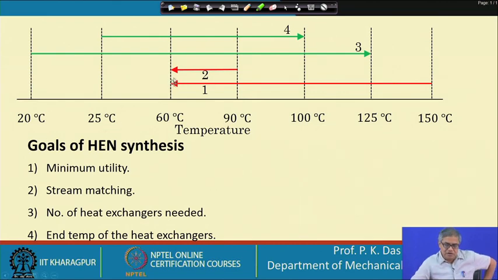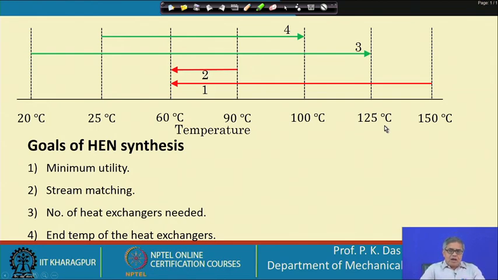Now, obviously, there will be certain amount of heat exchange between these streams, but whether there will be exchange between stream 4 and stream 2 or stream 4 and stream 1, that I have to tell from my heat exchanger network synthesis. This is called stream matching, and there will be different matches in different sub regions what I have shown. So, all the matches I have to tell.